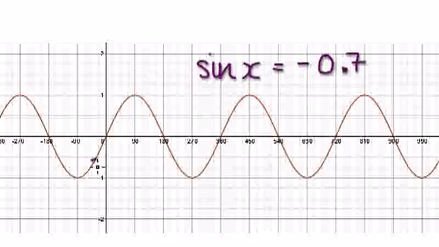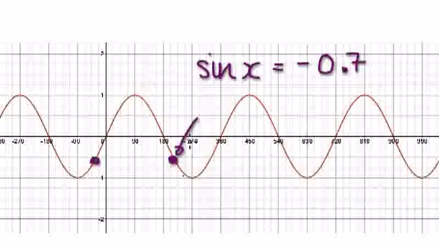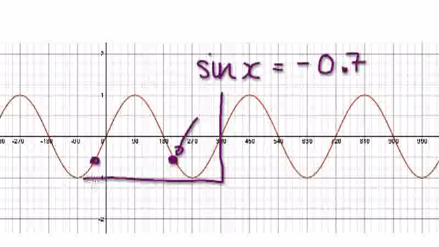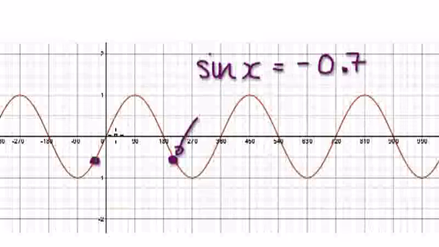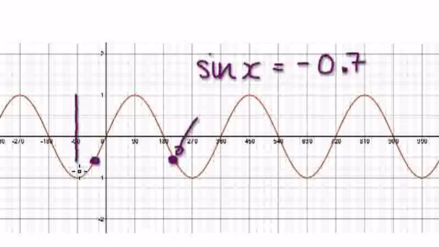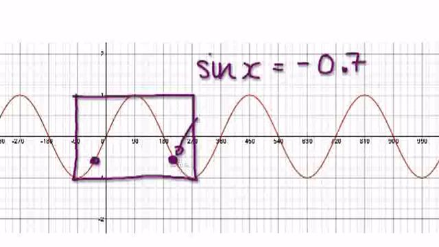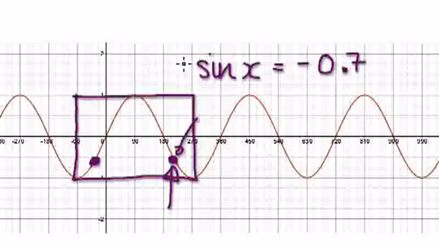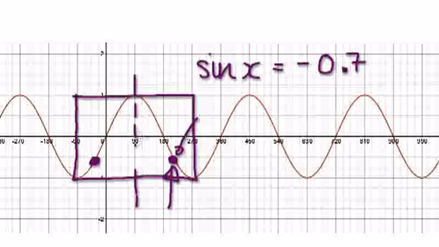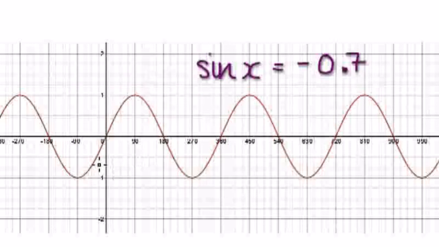Once you've got this, you've got to develop your own technique of finding this location. Remember, one period is 360 here. You've got to develop your own way of finding this solution. I would use symmetry along the 90 line.